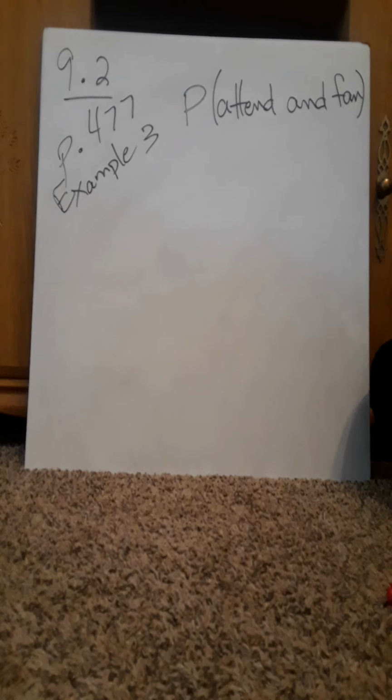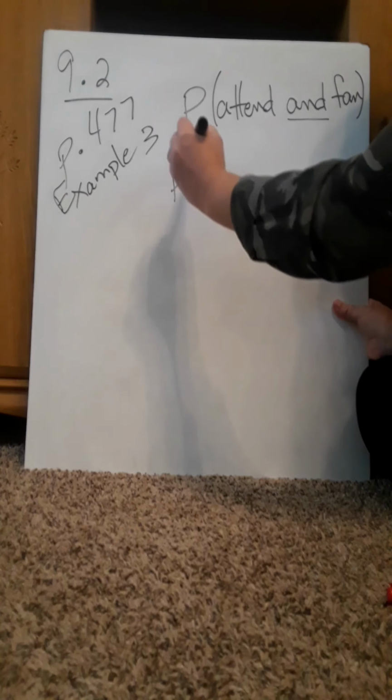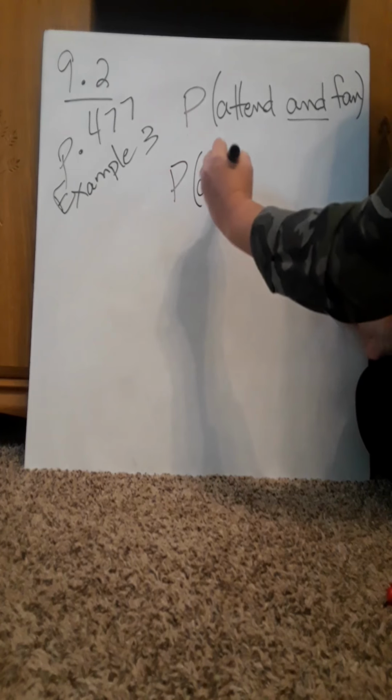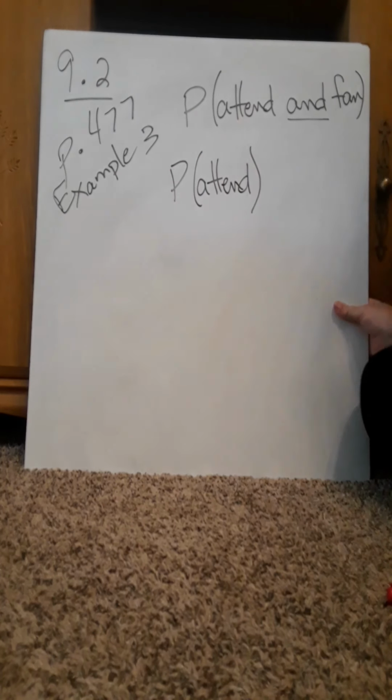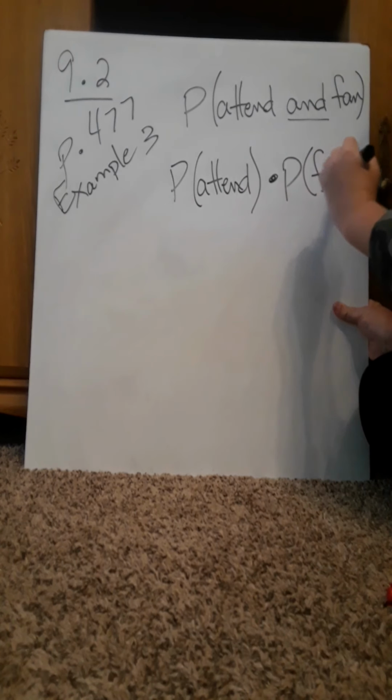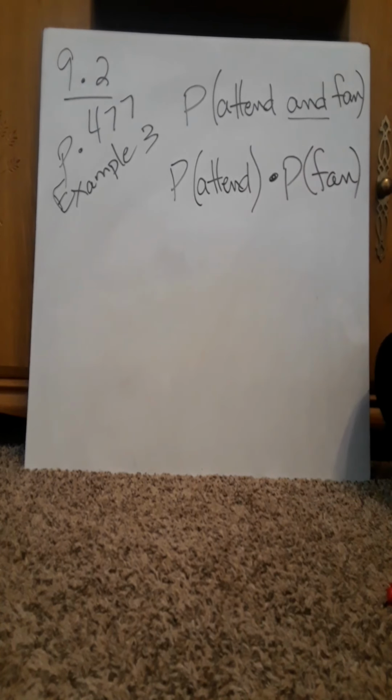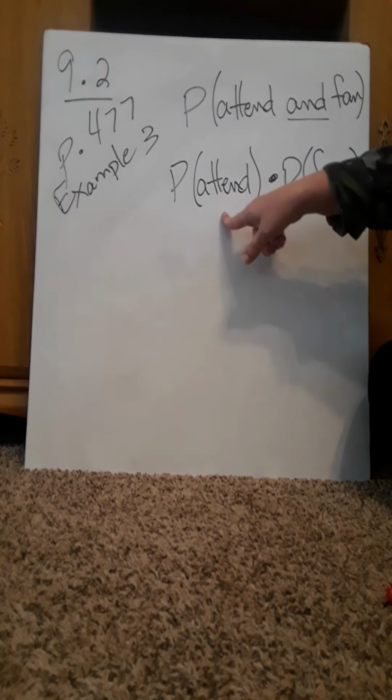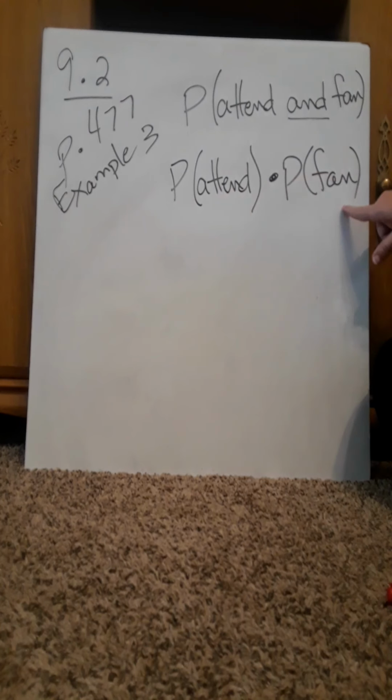Okay? Typical and probability. So if you remember how to do an and probability, then you should remember that an and probability means to multiply the two probabilities together. So we're going to multiply the probability that they attend the concert times the probability that they are a fan.